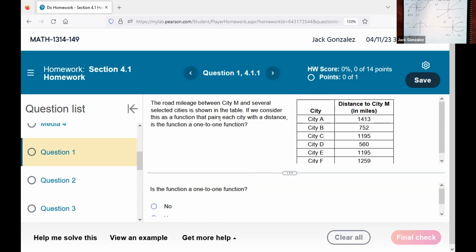That makes sense. So you're trying to find something that repeats, because they should all have distinct values. Okay. It's not. Pretty much for one-to-one, yeah. Just check that every single input has a unique output. That's the definition.